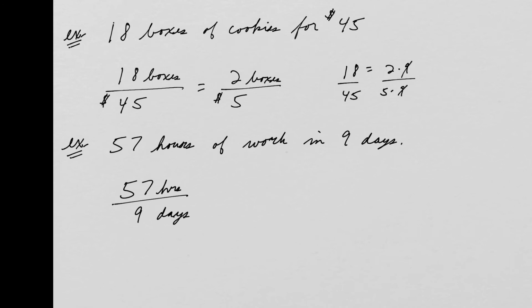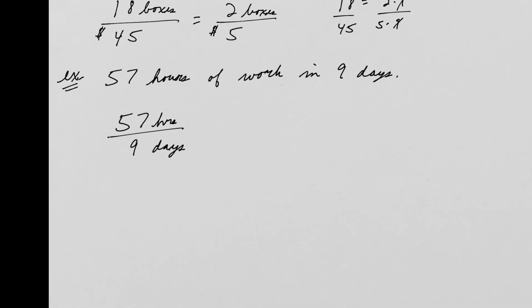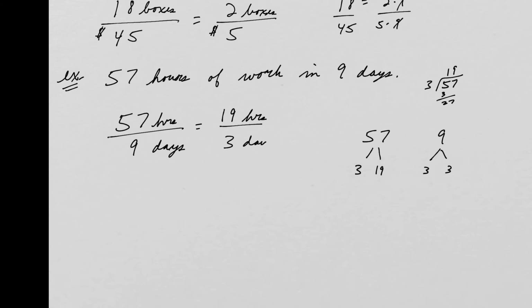It may not be obvious, but 3 goes into both of these. If we do the prime factorization, 2 definitely doesn't go in, because 57 is not even. If I try 3, 57 divided by 3 is 19 times. And then I stop because 19 is prime, and then 9 is 3 times 3. So this is really going to be 19 hours over 3 days. And that would be my rate.